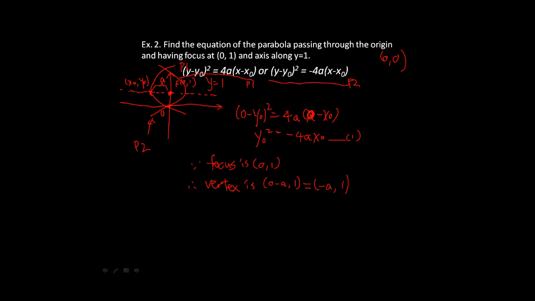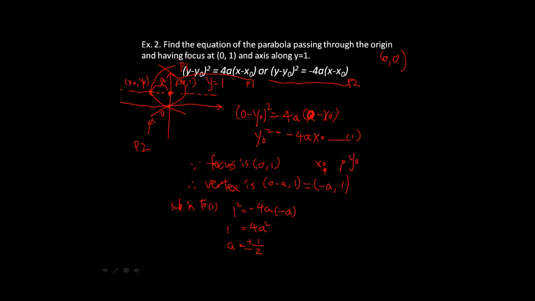Now if we plug this into equation 1, because this negative a is actually x naught, and this 1 is actually y naught, then we have 1 square equals minus 4a times negative a. So it means that 1 equals 4a square. Then it will give us a equals plus or minus half.